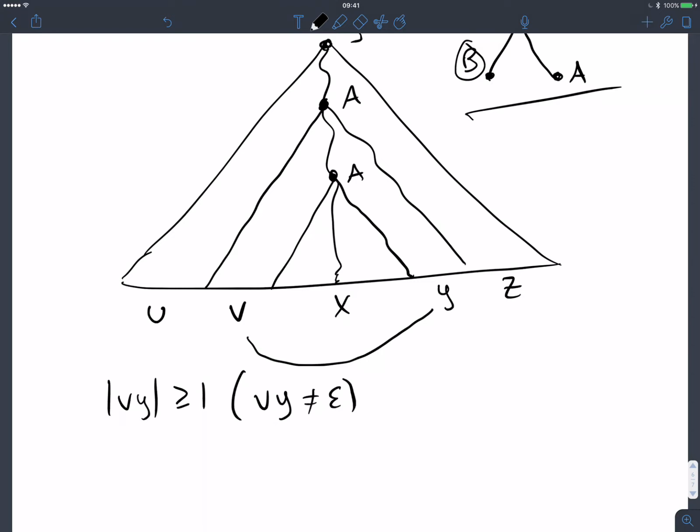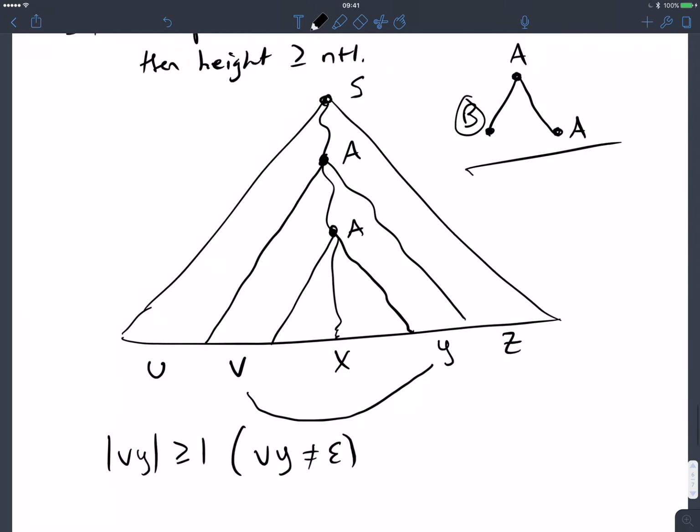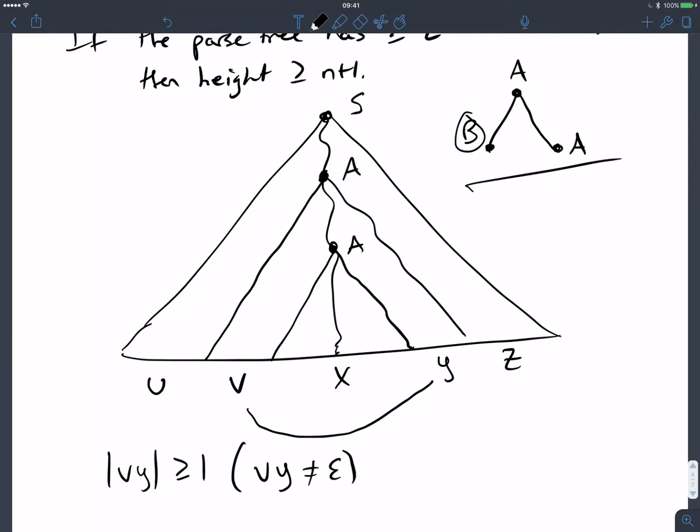Yeah. So why can't they both be empty? I'm not restricting them. Why can't they? Because if the second occurrence of A is the direct child of the first, then the other child of A must make something of the string. And so whatever side that is, it must correspond to V or Y. And so therefore, it must make something of the string.